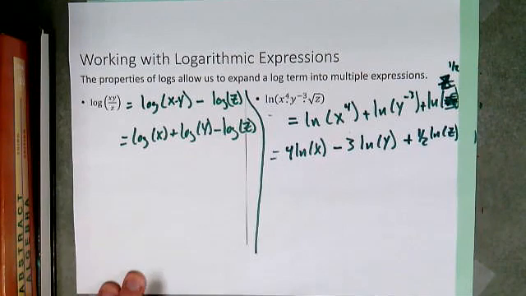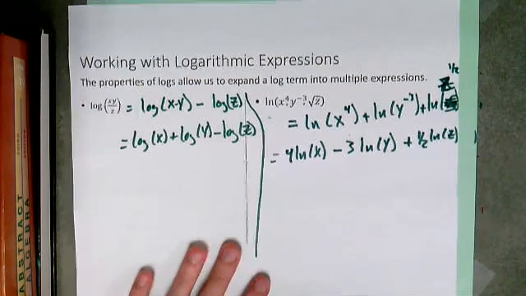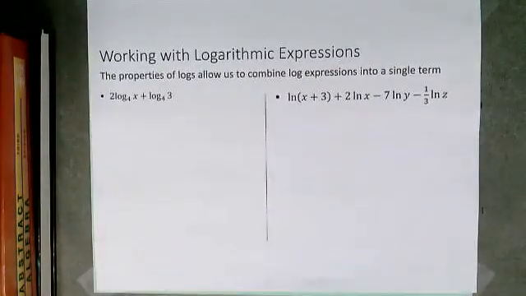So that is that expression fully worked out. It's not necessarily hard to expand or combine logs, but it takes time, and it is definitely an exercise in patience sometimes. So this is expansion of logs. Let's go to combining logs.